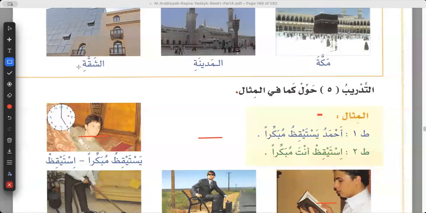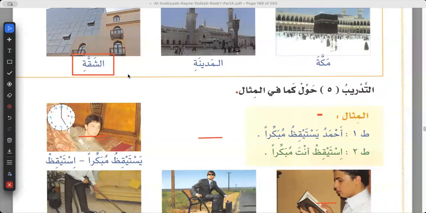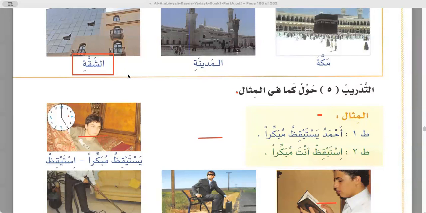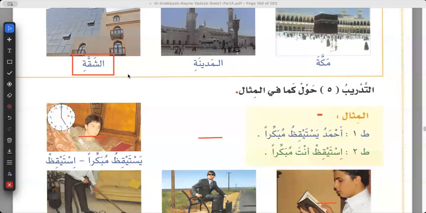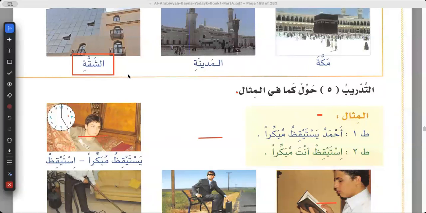The last one, ash-shaqqa. نعم. أنا ذاهب إلى الشقة. Again. أنا ذاهب إلى الشقة. Because I had ila ash-shaqqa before, that's why I asked you to read again. أنا ذاهب إلى الشقة. انتظر.